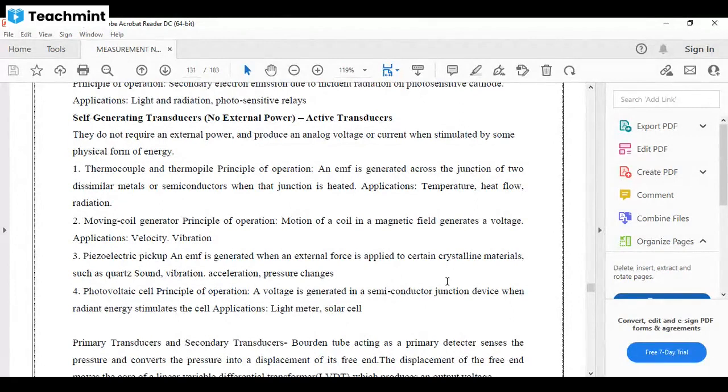In a piezoelectric pickup transducer, when external force is applied on the crystalline material, an EMF is generated. This is used for vibration, acceleration, and pressure changes.